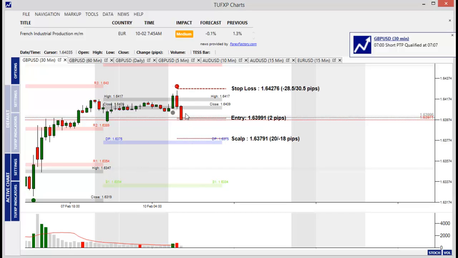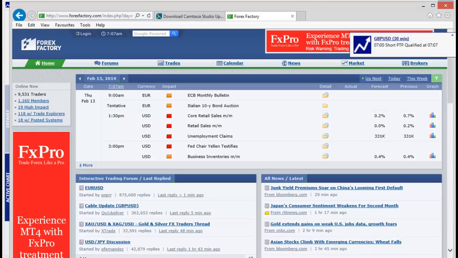30 minutes is qualified there. I'm just going to switch computers for a second and put this trade on. Okay, that's done. Right, where was I? Oh yes, news. Let me just go back to the news. There we go. So we've got core retail sales and unemployment claims for the US on Wednesday there.